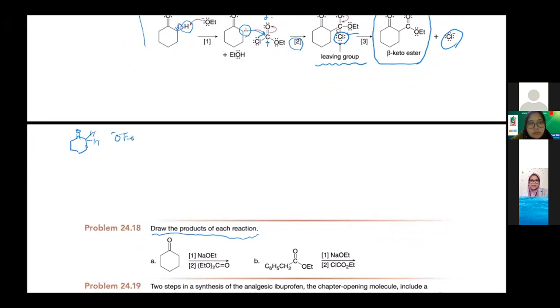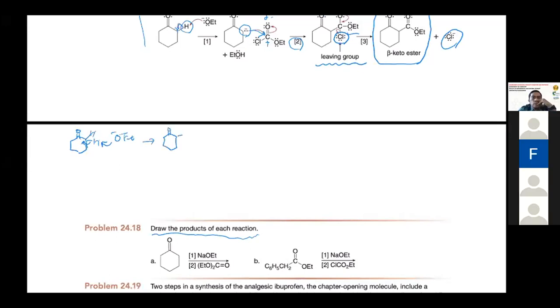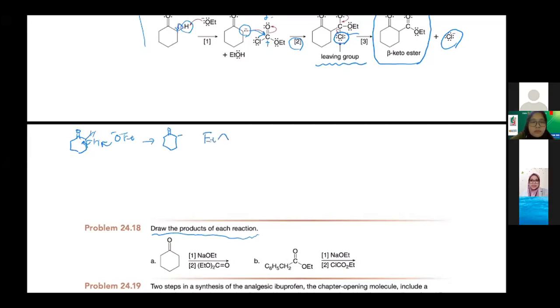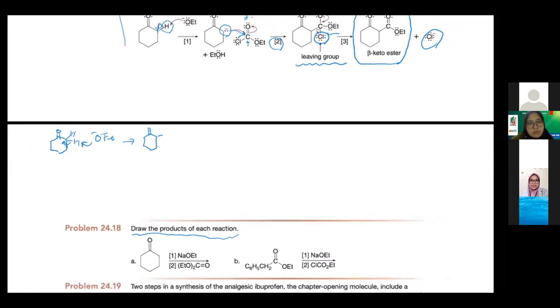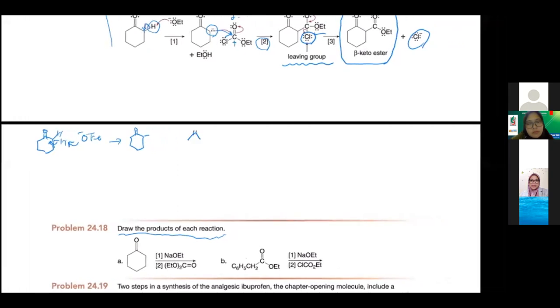EtO minus takes the proton, the electrons come back here, and the minus charge attacks the ester compound, the ester carbonyl.